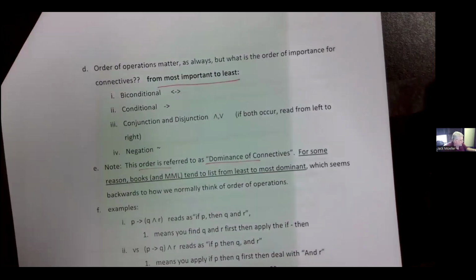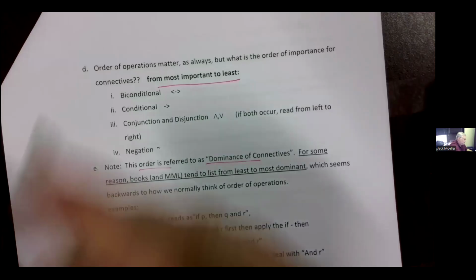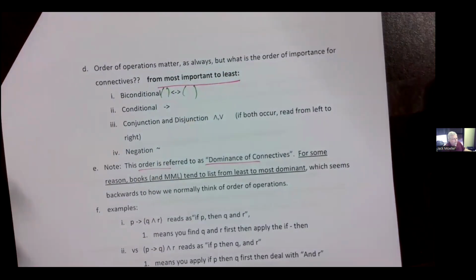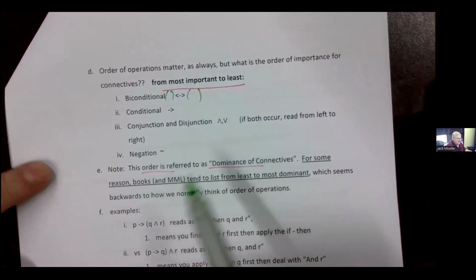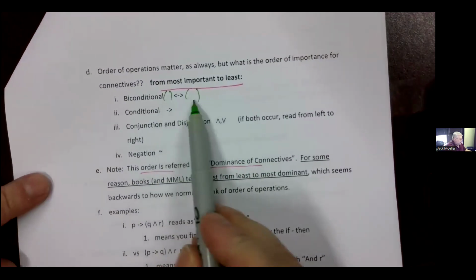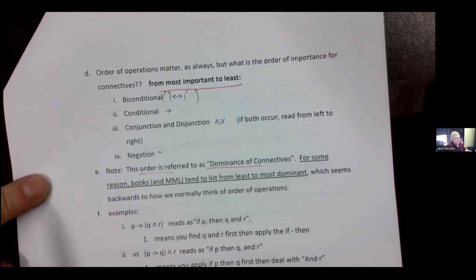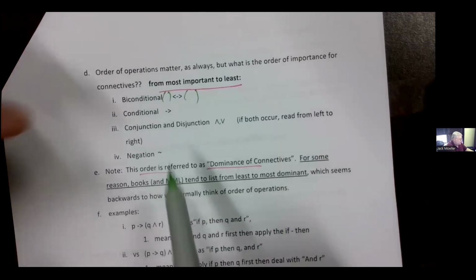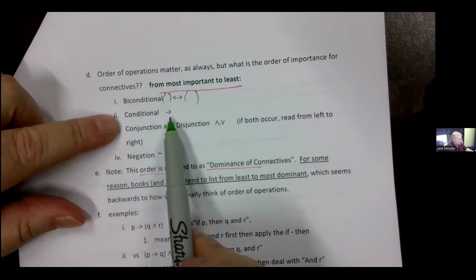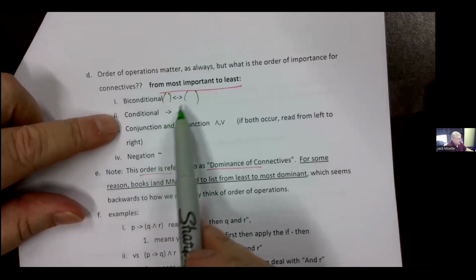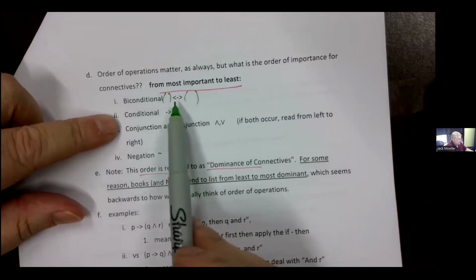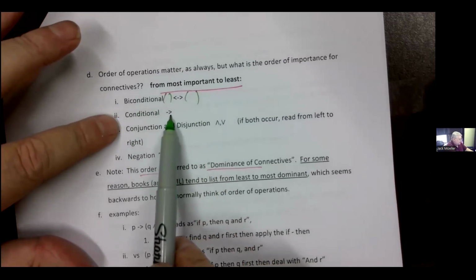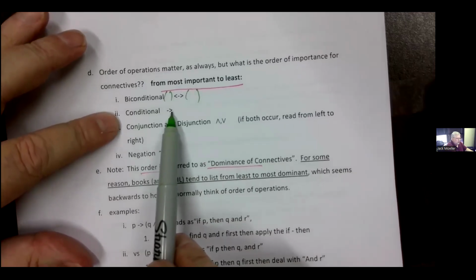Think of it this way: if you see a biconditional, you can think of it as parentheses before the biconditional and parentheses after. And if you have a second connective, it's going to be inside one of those parentheses. After the biconditional, a little bit lower, is the conditional. Since we no longer go both ways, this is slightly less important, because we can only guarantee it in one direction.